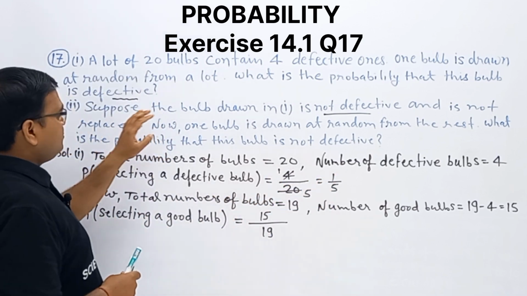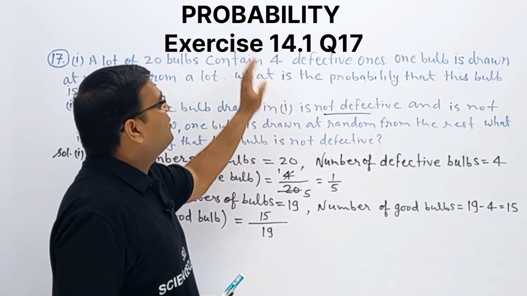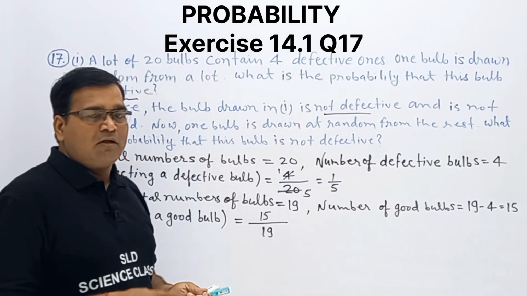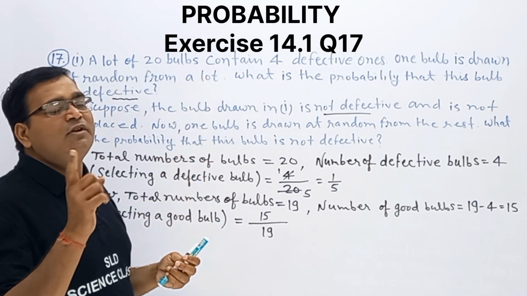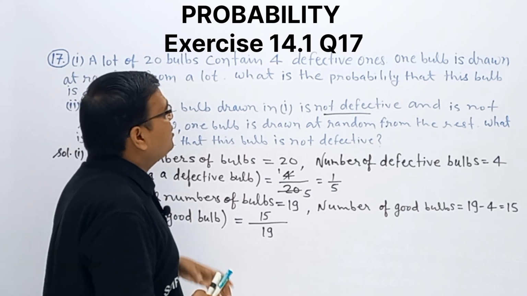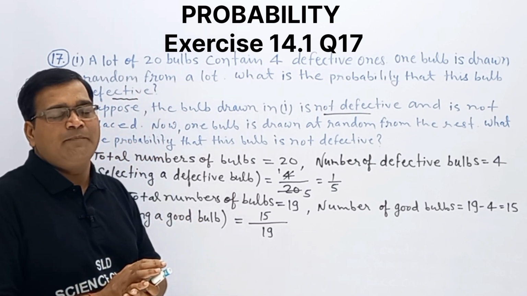Now second one. In the second one, a bulb drawn in first one is not defective. In a first case, we drawn a bulb, that one is not defective and is not replaced. It means 4 defective bulbs we are having.